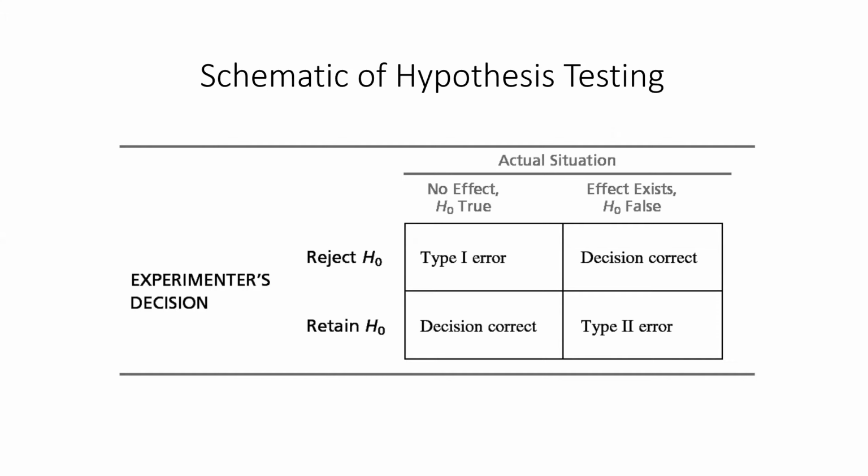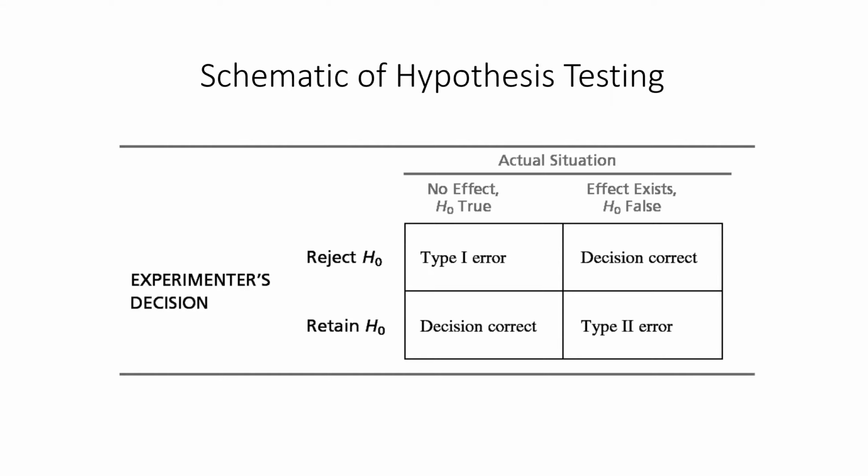In the case of, for instance, a comparison between a treatment's impact on achievement and a control group's impact on achievement, that would be that treatment has no effect. The null hypothesis that there are no differences between the two means, treatment and control, is actually the case in the populations represented by the sample.